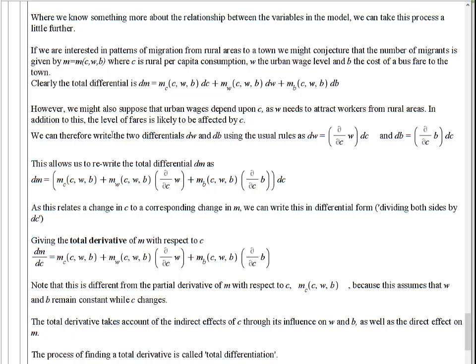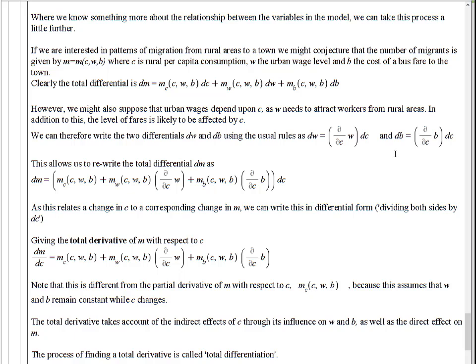Therefore, we've also got these differentials, dW and dB, using these rules. So dW, if W depends on C, so W is a function of C, then the change in W would be dW by dC times dC. That's just the straightforward differential rule when you have just 2 variables. And dB is equal to dB by dC times dC.